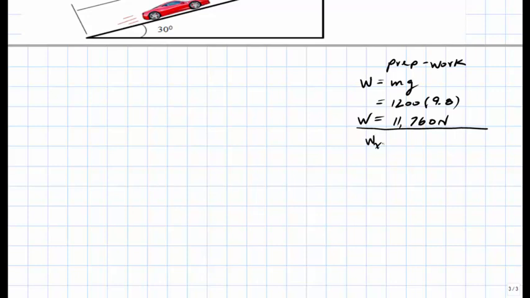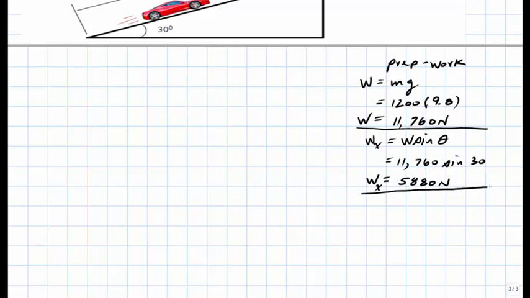Wx is given by W times the sine of the angle, and notice that we have a 30-degree angle within the incline, and so if we multiply 11,760 by the sine of 30, the result is 5880 for Wx.